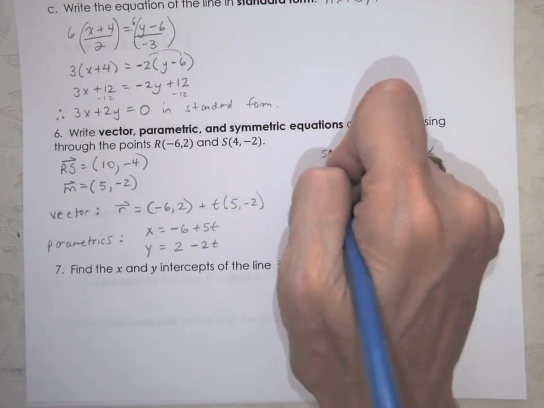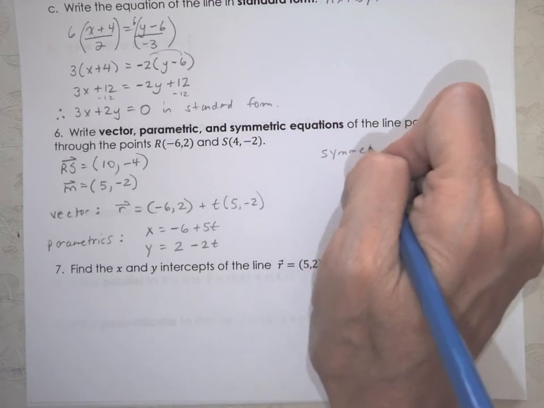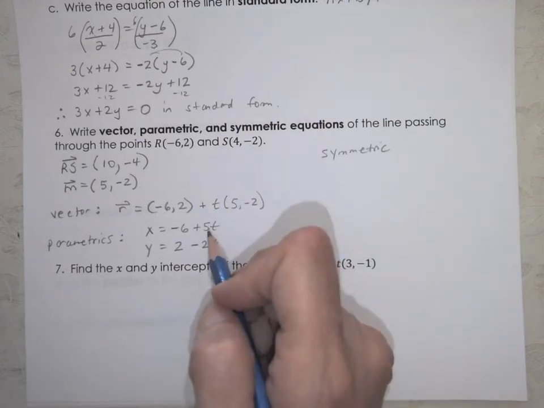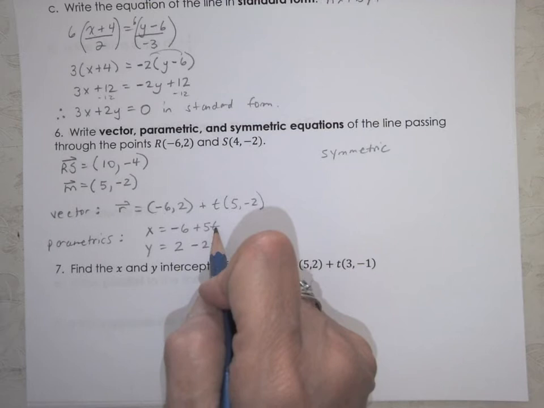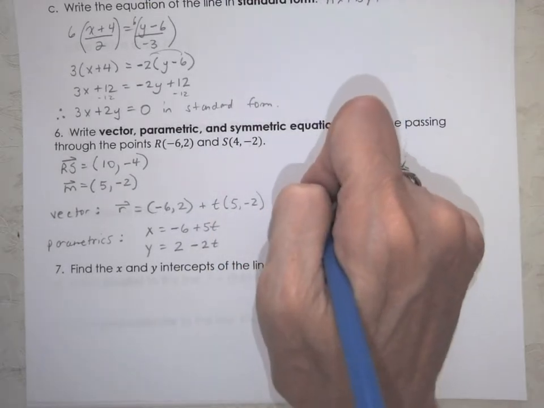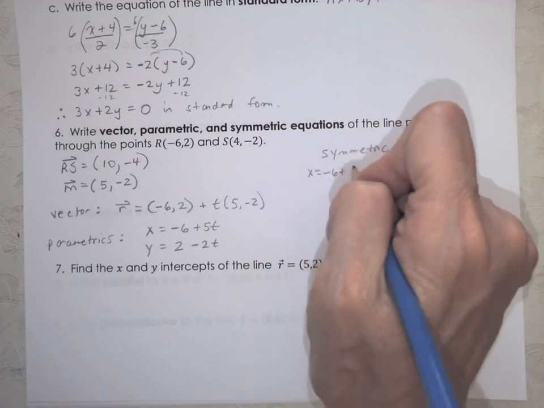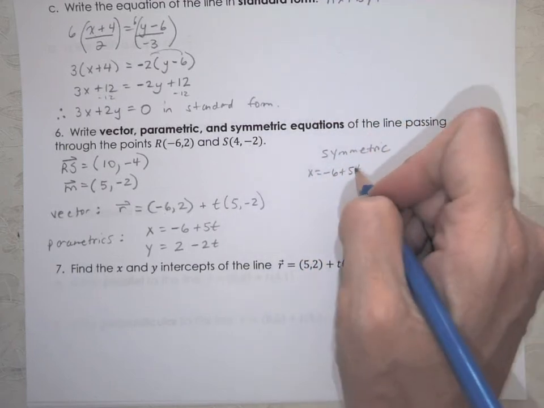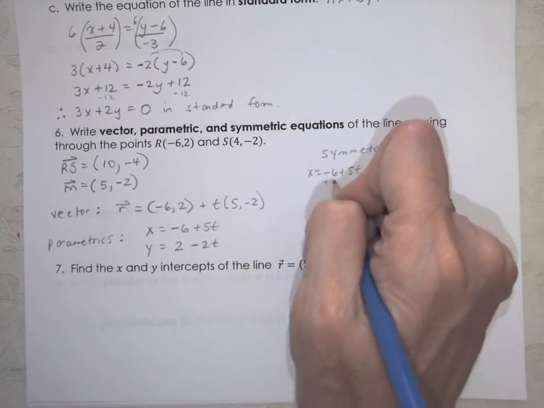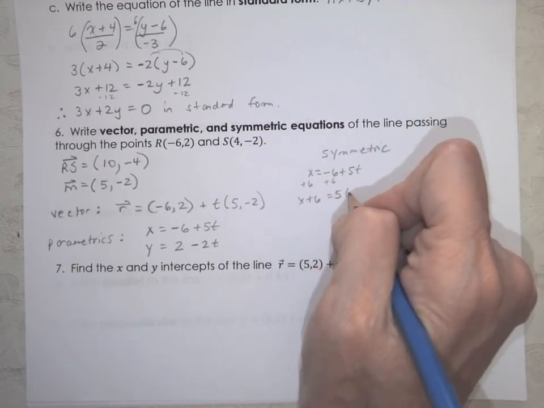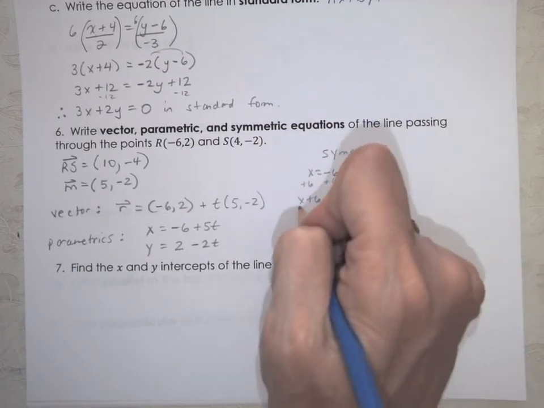And then the symmetric equation of the line. Some people can go right to it, and if you can, that's great. Other people need to get t by itself in each of these, and they don't see it yet, so I'm going to do that just in case. If I want t by itself in the x parametric, I add 6 to both sides and then divide both sides by 5.